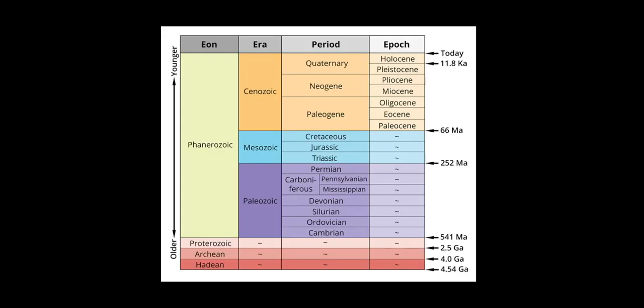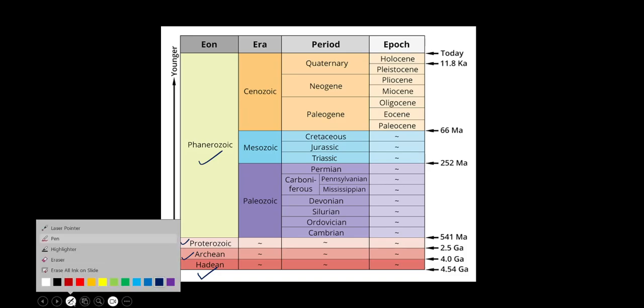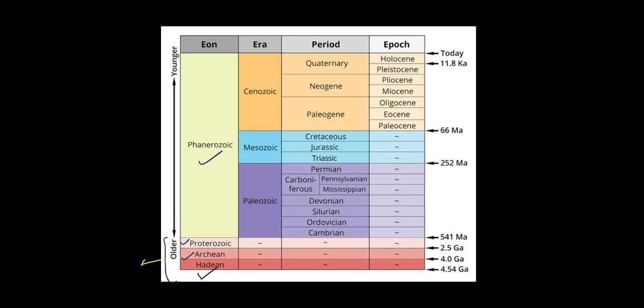Here you can see, let me show you. If we talk about the eons, there are four: Hadean, Archean, Proterozoic, and Phanerozoic. And these three eons, Hadean, Archean, and Proterozoic, are collectively known as Precambrian.